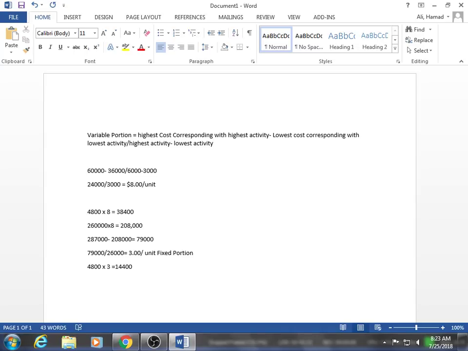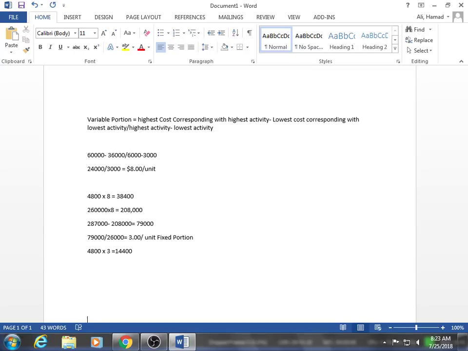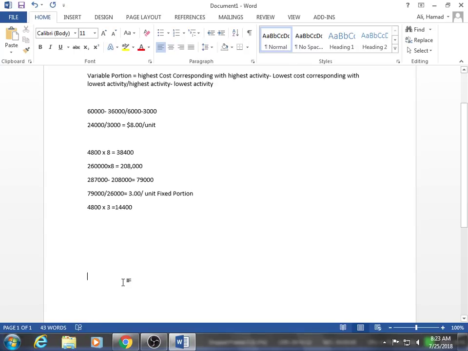Okay, that means in units. So what is the formula for break-even? Break-even in units equals fixed cost divided by unit contribution margin.